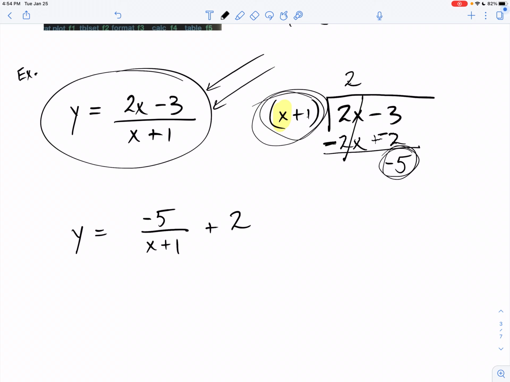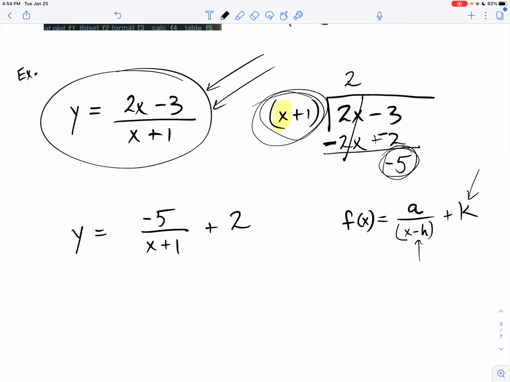If you look in our book, the book writes it like this. F of x equals some number we don't know, but it's a number that could amplify our graph. So they use A, and then they say x minus h plus k. So there's some shift going on sideways, and there's some other vertical shift over here.